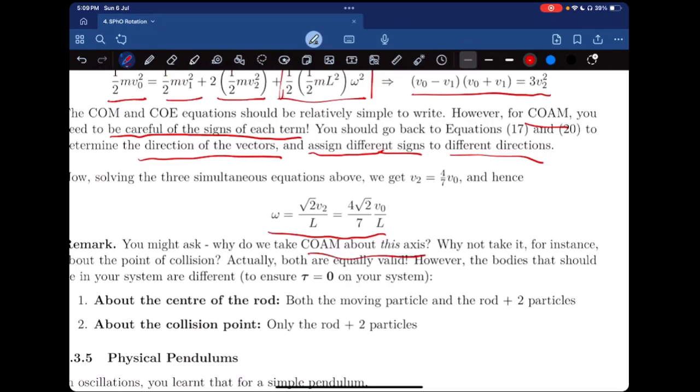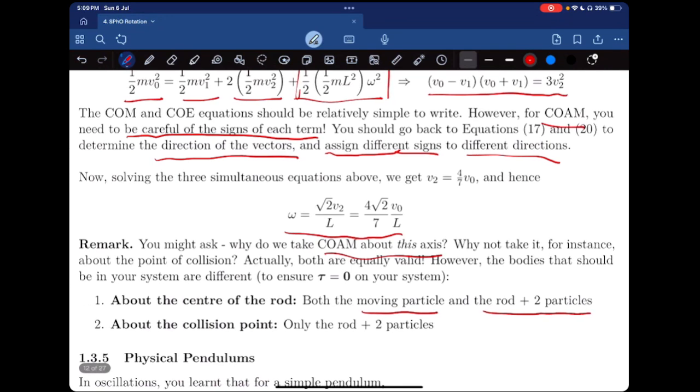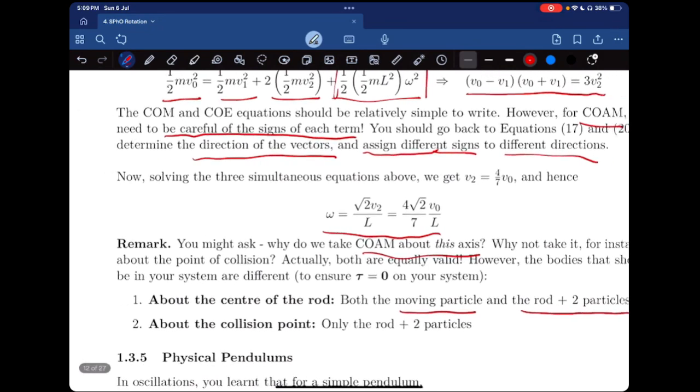Well, I answered it just now: there's no net external torque about this axis if we take our system as the moving particle and the rod plus 2 particles. But another person who solves this problem might have taken COAM about another point on our axis, such as an axis passing through the collision point parallel to V0. Now, actually, both of these approaches are equally valid. The only difference is what you consider as part of your system.